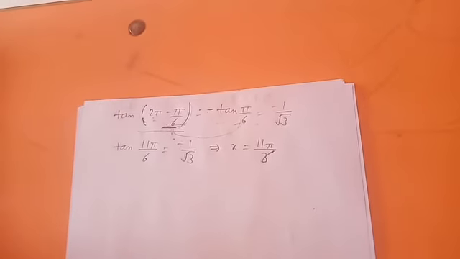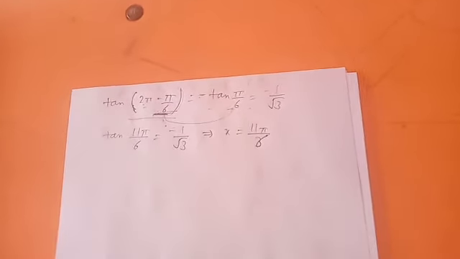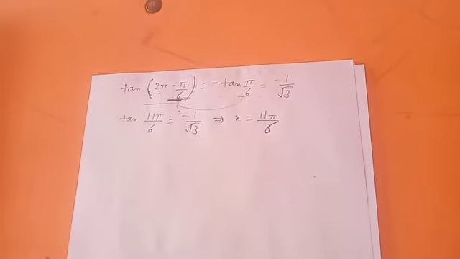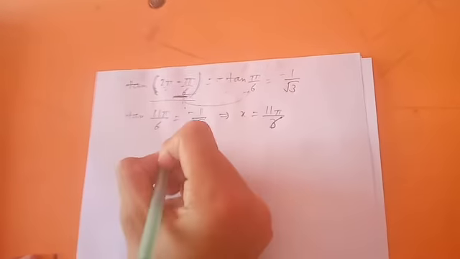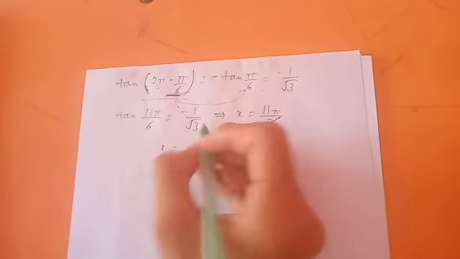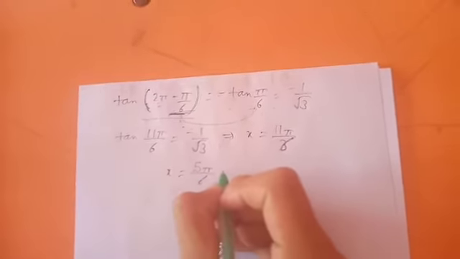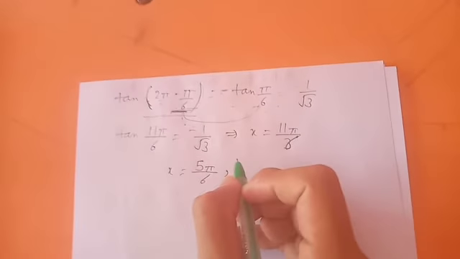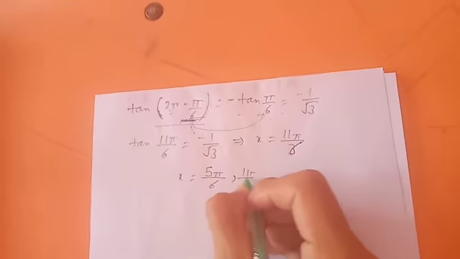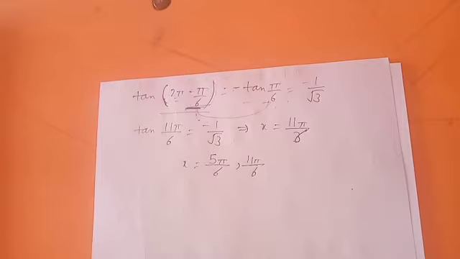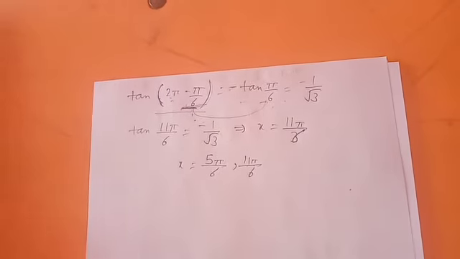That means the principal solutions of tangent x equal to minus 1 by root 3 are two, that are 5 pi by 6 and 11 pi by 6. I hope you understand it.